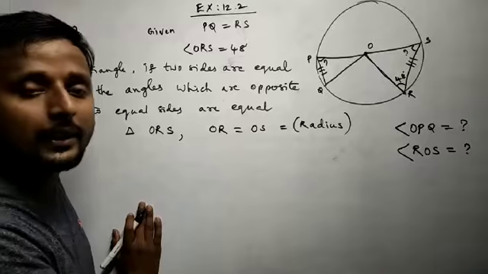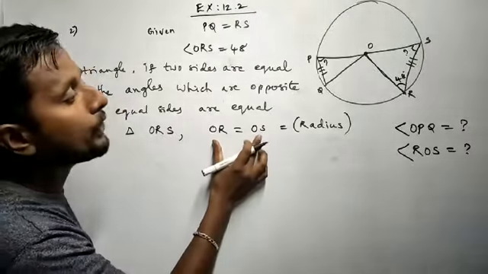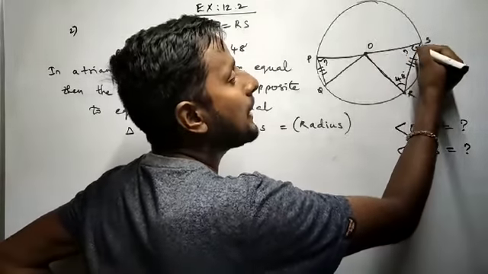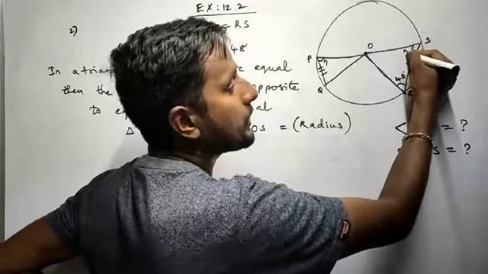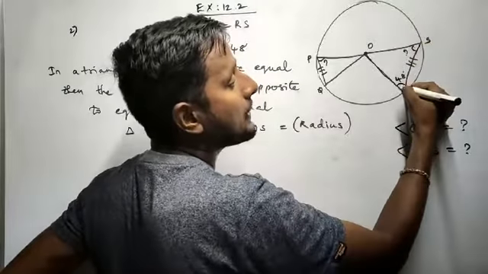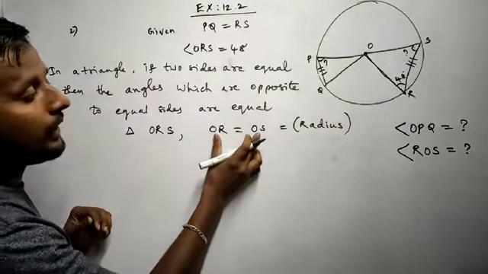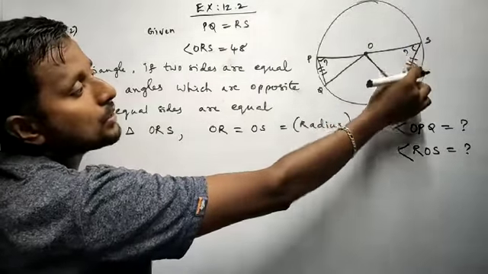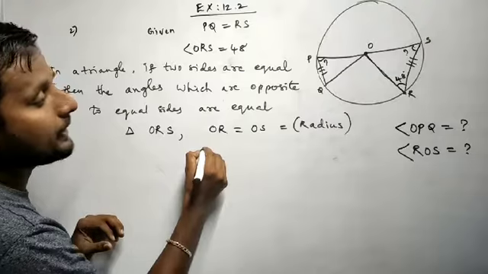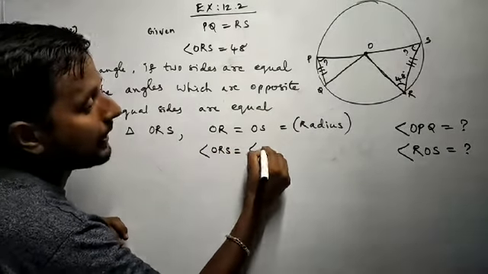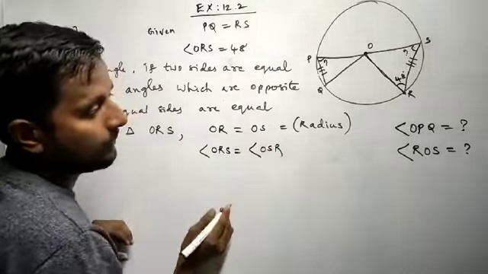Radius is equal throughout the circle. If two sides are equal, the opposite angle of OR is S, which I put a question mark on, and the opposite angle of OS is 48. When angles are opposite to equal sides, those angles are also equal. So I'll write angle ORS is equal to angle OSR.